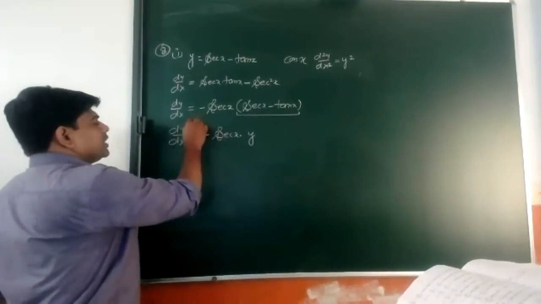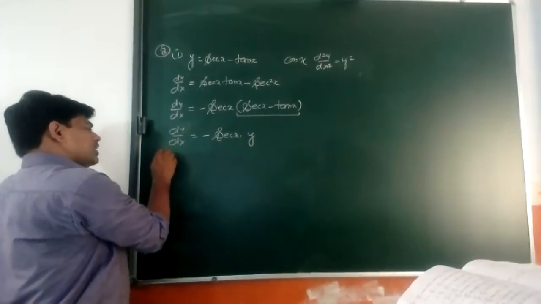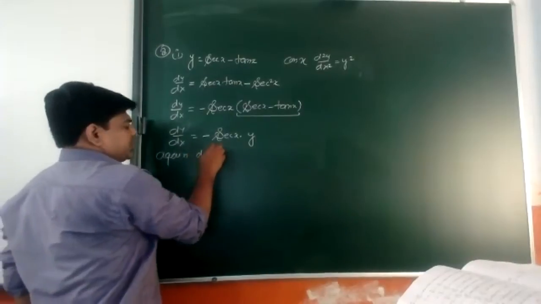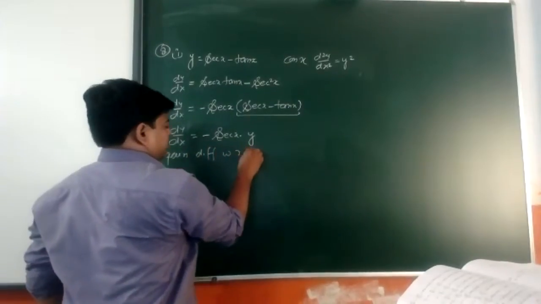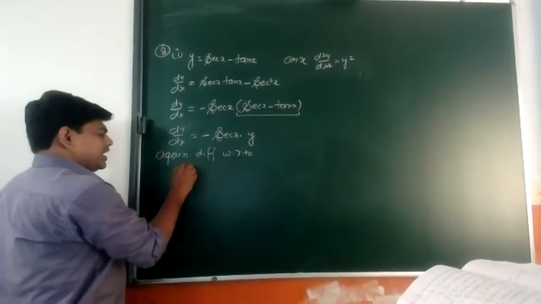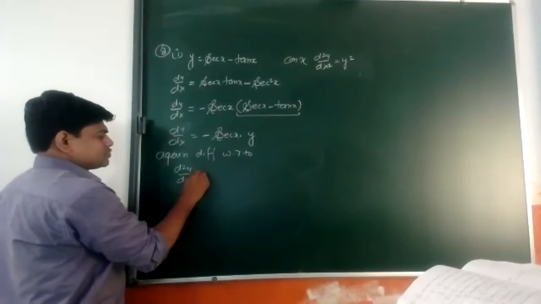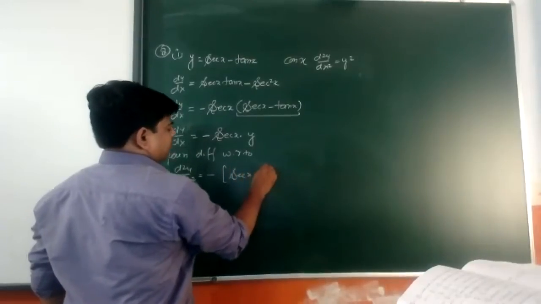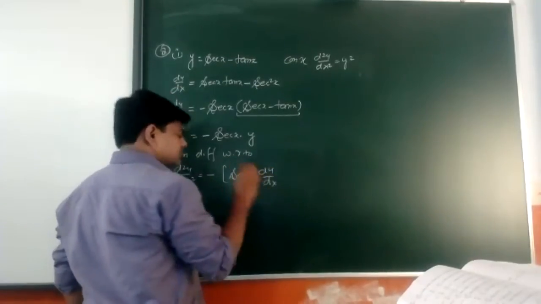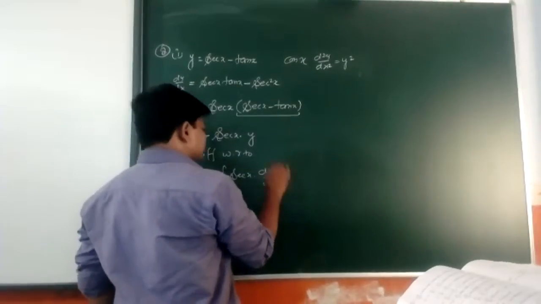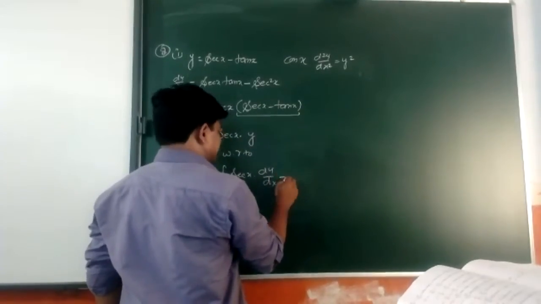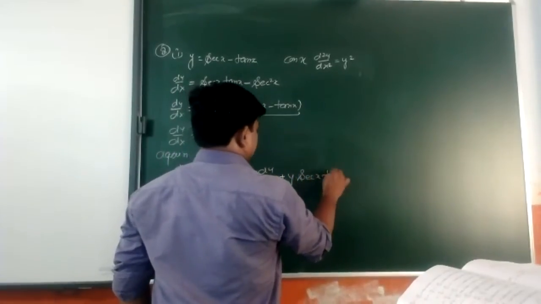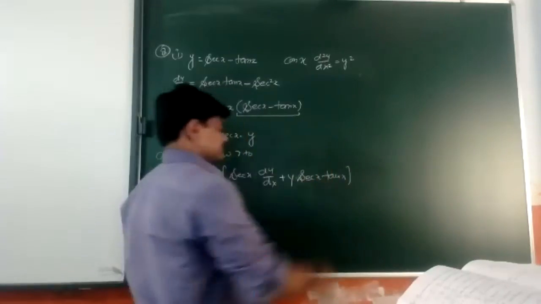Now I can write, differentiating with respect to x, I'll get d2y by dx square minus sec x into dy by dx, sec x into dy by dx plus y into sec x tan x.